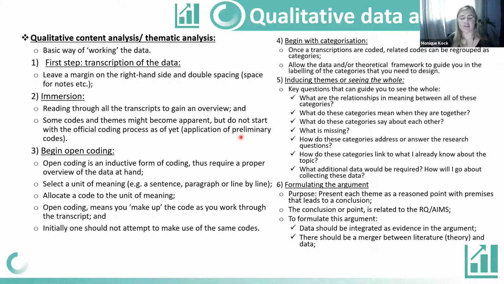Within a qualitative process, you are constantly thinking about your research aims and objectives, because you have a certain focus. You're not just going to start coding by thumb-sucking and saying, well, I think this is a major contribution, because that's not how it works.